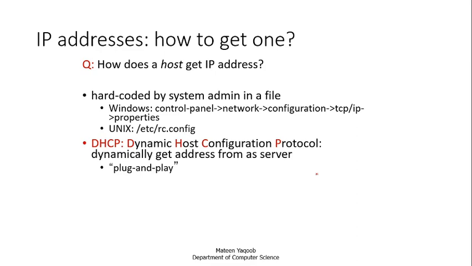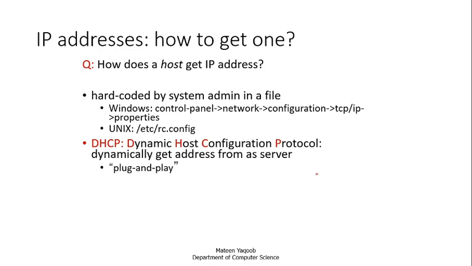It basically runs on a server, and it dynamically assigns a free IP address to the requesting host. So you get a dynamic IP from the DHCP server, and basically you just plug in your network cable and simply get an IP address.